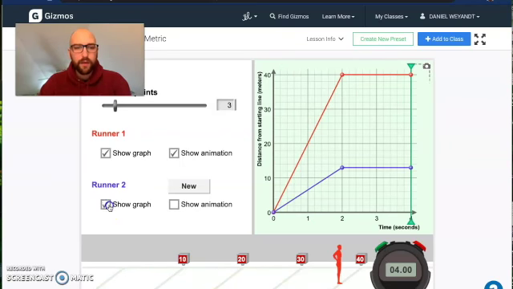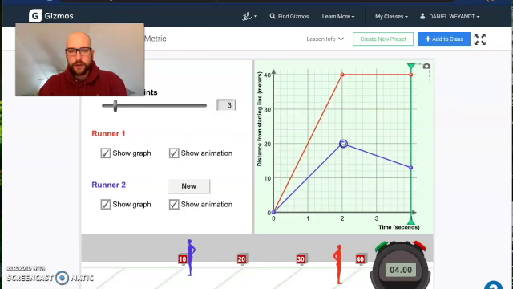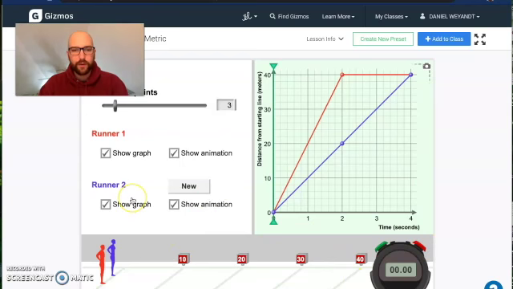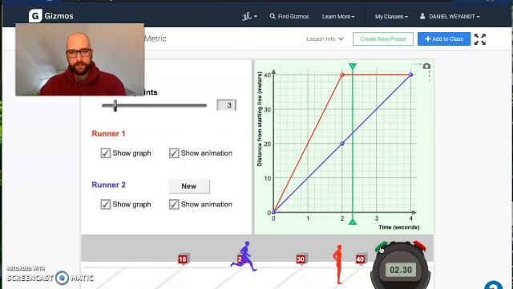Let's bring back in the blue runner, and this time we're going to have the blue runner just do the normal straight line. Which runner will be faster, the red or the blue? At the end, they're both in the same spot, but the red runner got there much quicker.